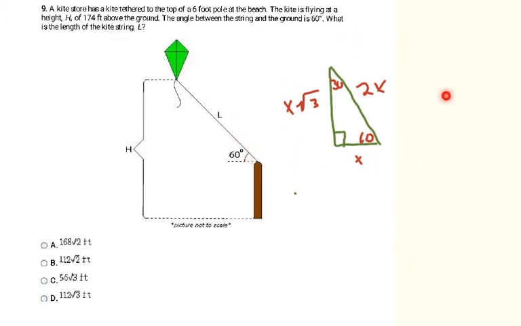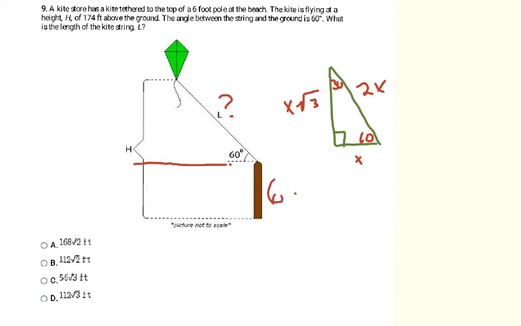So I've already copied down my rule triangle for a 30, 60, 90 triangle. And I'm just going to go ahead and complete this triangle here and fill in what I know. So first of all, I know I'm looking for L. And I have H here from the kite all the way to the ground is 174 feet.